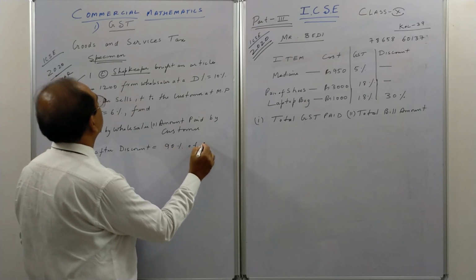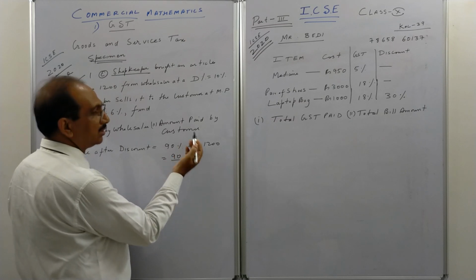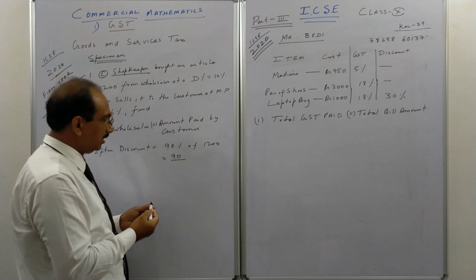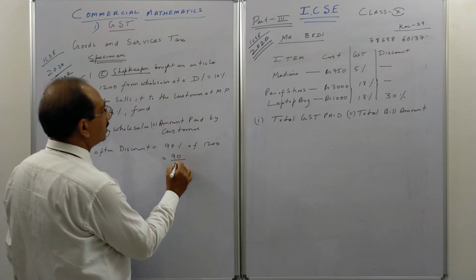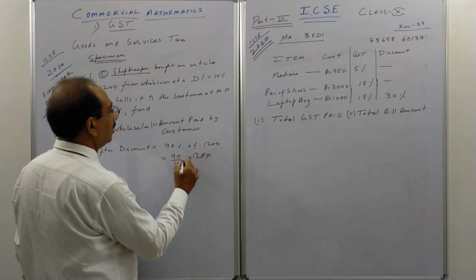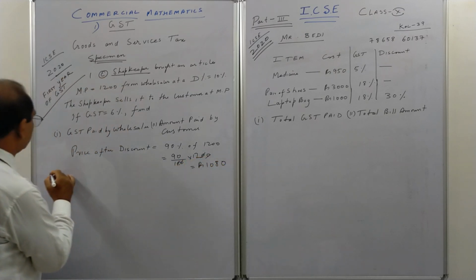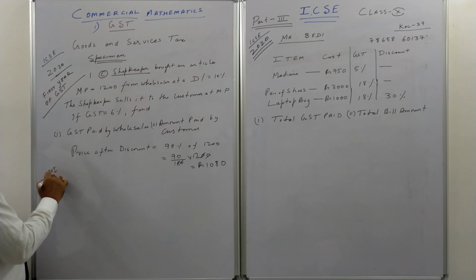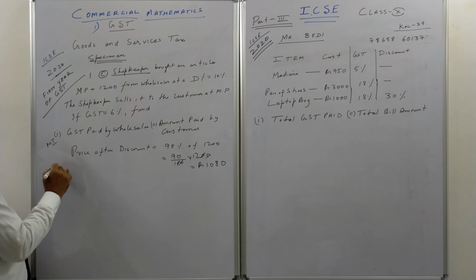Directly, 10% discount means 100 minus 10, 90. Okay, 20% discount means 80% of our price, into 1200. So here we get 1080. You can do it by another method also. This was method 1, you can call it method 2.